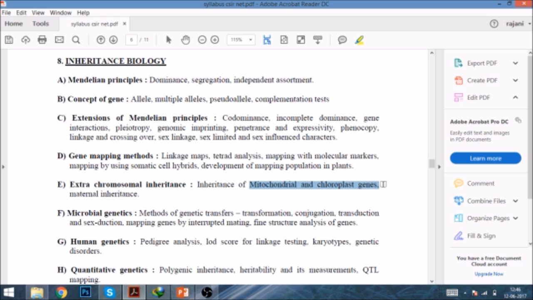Go through the basic difference between mitochondrial and chloroplast genes, and also transformation, conjugation, transduction and sexduction, and maps from interrupted mating. One question can be asked from conjugation, based on transmission from F positive to F minus.